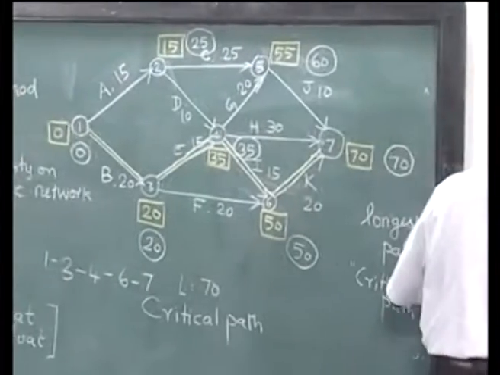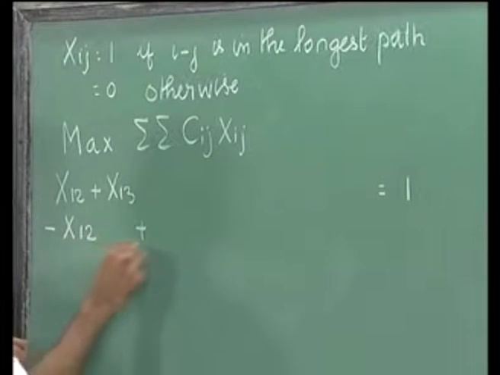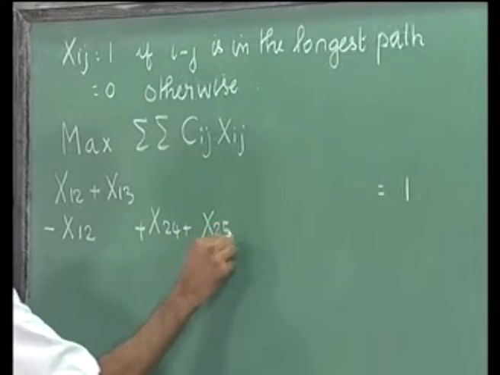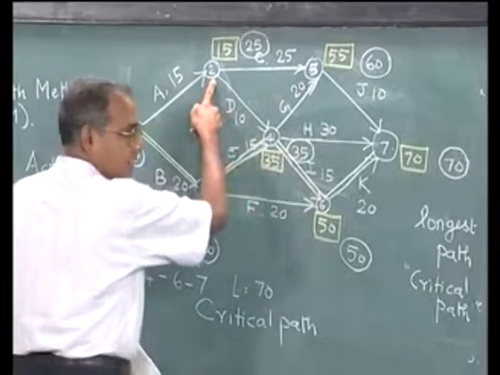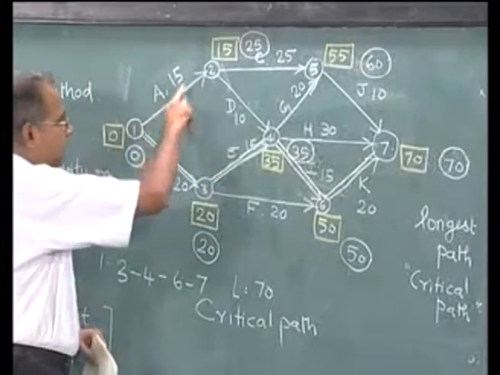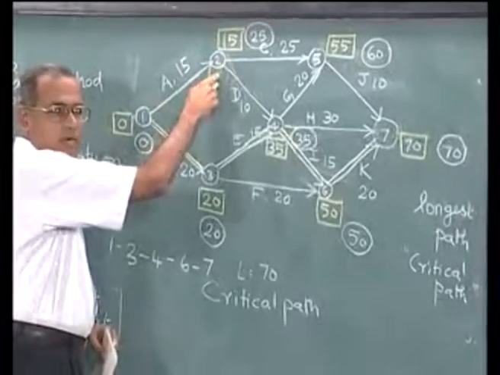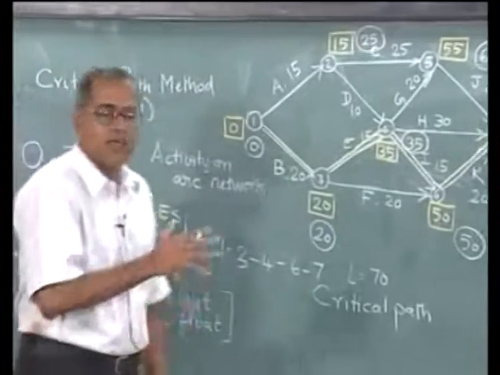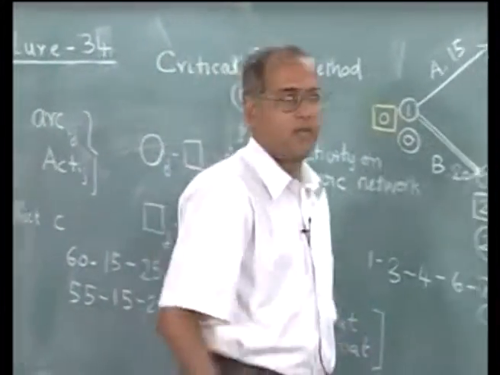As far as node 2 is concerned, we have minus x12 plus x24 plus x25 equal to 0. 2 being an intermediate node, if the longest path goes through this, then 1 comes here. So, one of which has to be 1. If it does not go through, everything will be 0. So, you have simply a flow balancing or conservation equation for every intermediate node.